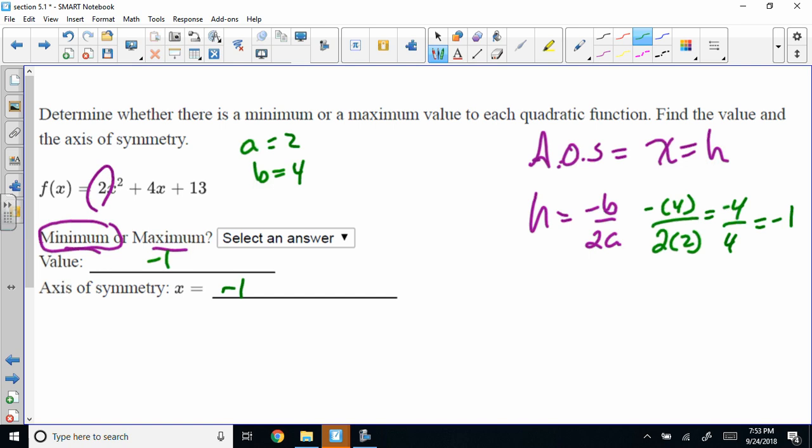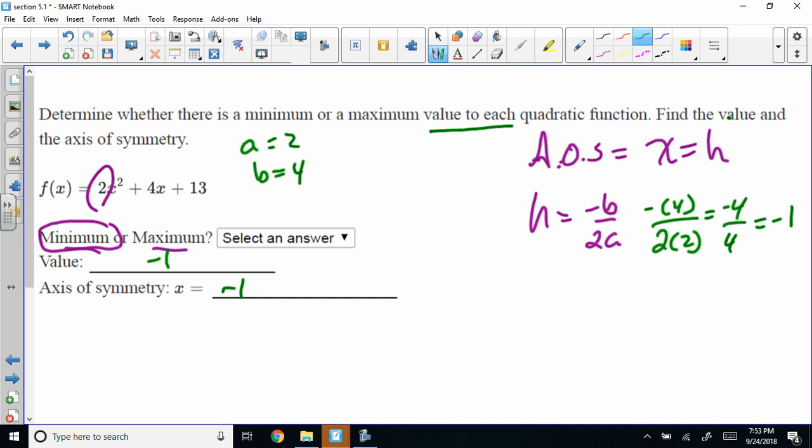Are they actually wanting a point at the minimum, or are they just wanting the negative 1? Well, okay, let's do this. I put negative 1 because I was assuming that they were wanting the h value, right?